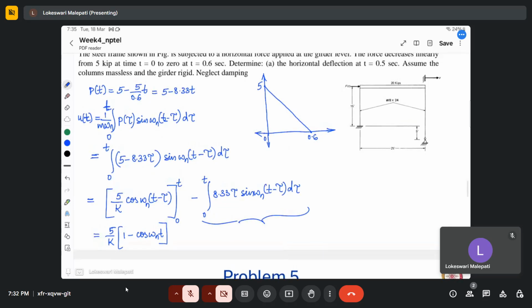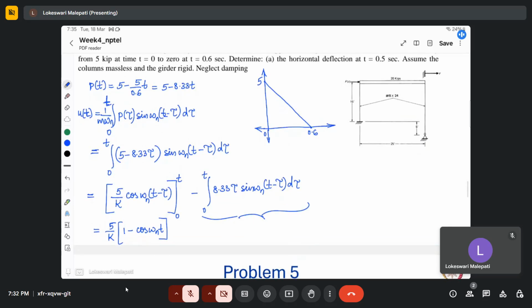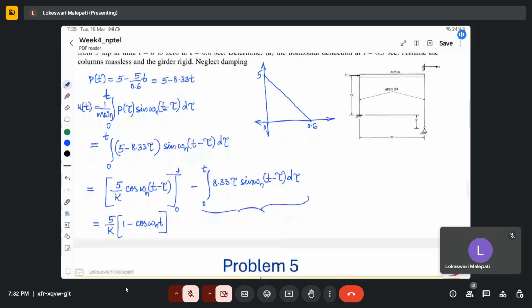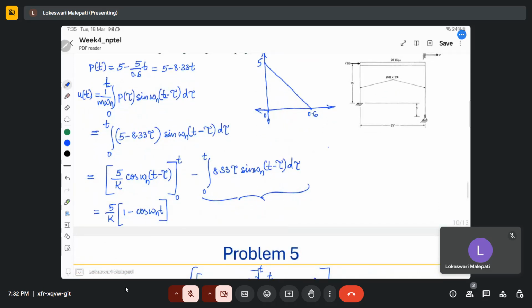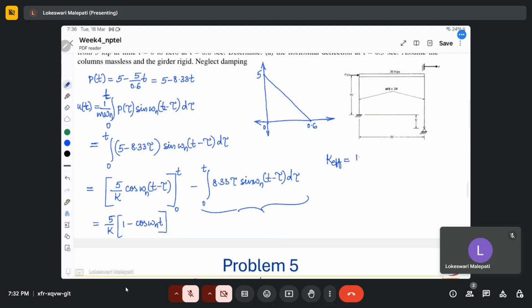In this case, we have one of the columns fixed and the other pinned. So for the fixed case, the stiffness is 12 EI by L1 cube, and for the pinned case, as seen in the previous example, it is 3 EI by L2 cube.